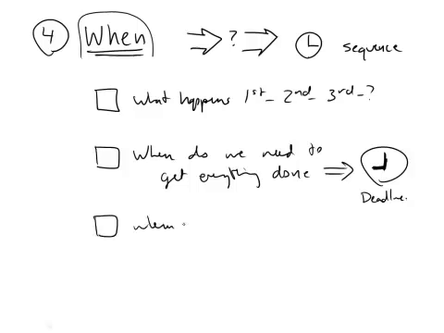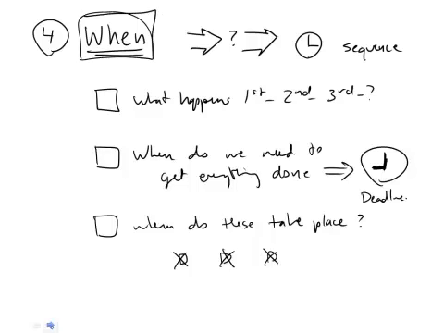When do these take place? Do they take place now? Did they take place in the past? Will they take place in the future? Questions, problems of when. The fifth type of problem are problems of how.